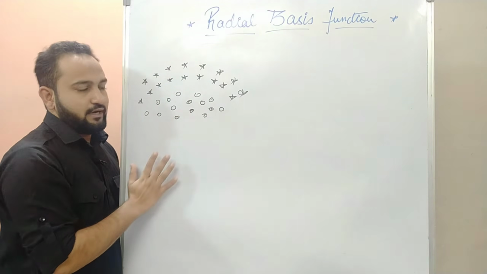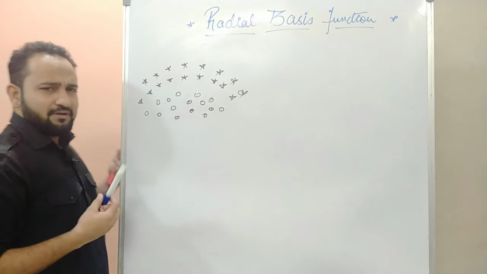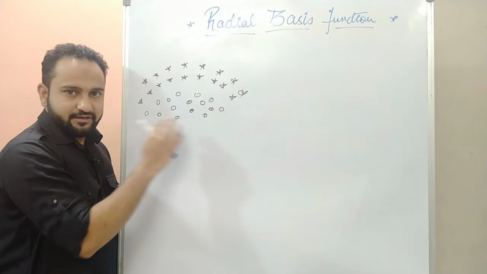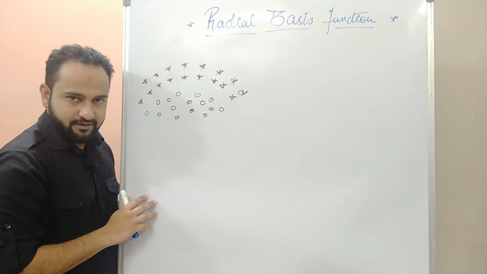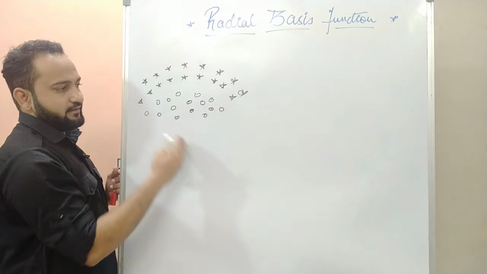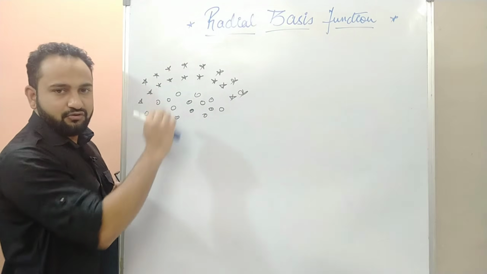Here also the data is not linearly separable. So what do you mean by linearly separable? One single line can divide your data set. That is linearly separable. So if I want to draw a line, I can't have any line which will linearly separate the two classes.